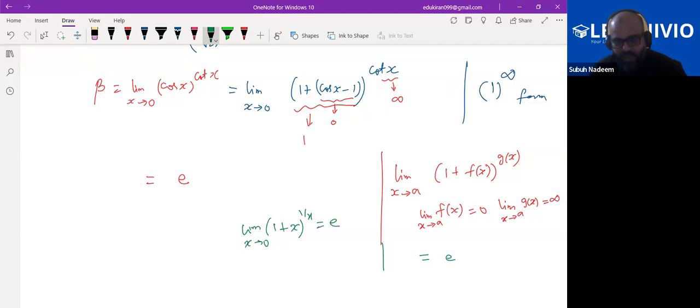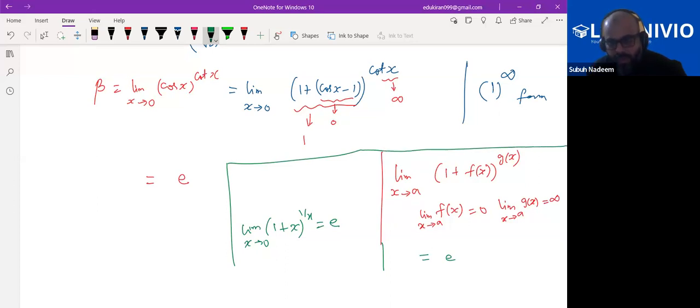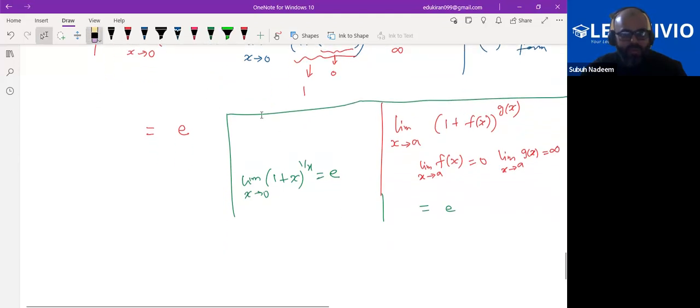So if you use this one, what it will become is e to the power f. You can write it like this. I'm just deriving this expression because it is less used now, so that's why sometimes I forget. It is not difficult to find it out.